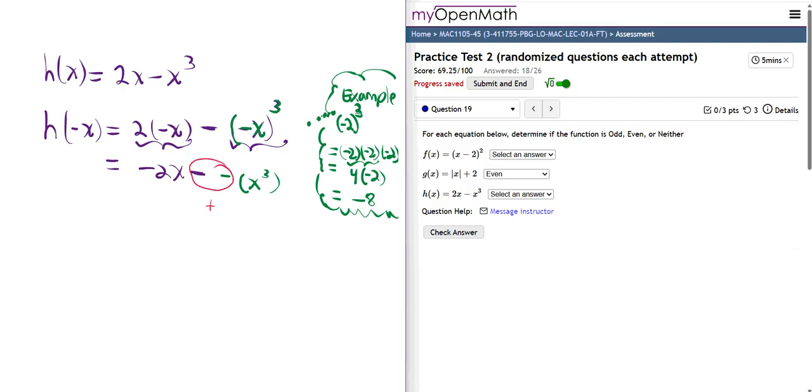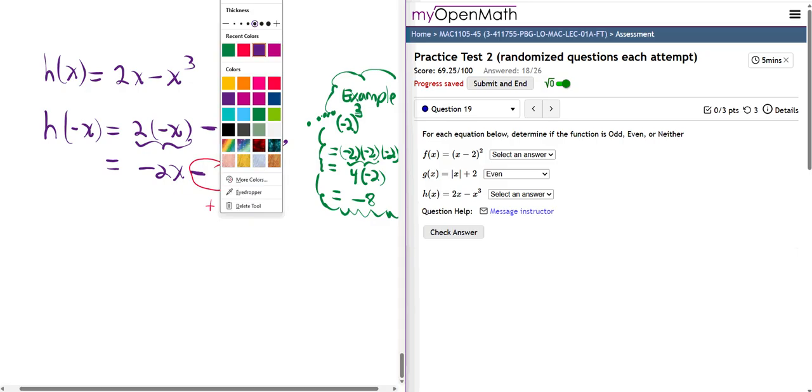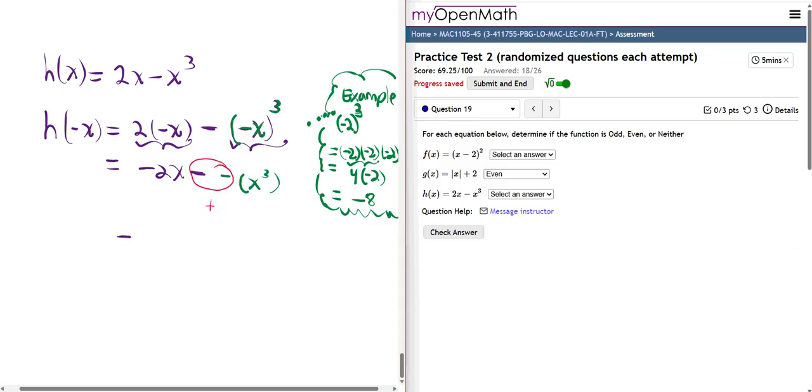So we can write the next step as -2x plus x cubed. Okay, so now what has happened is both terms that I originally had, here's my original again, right? Here's the original.